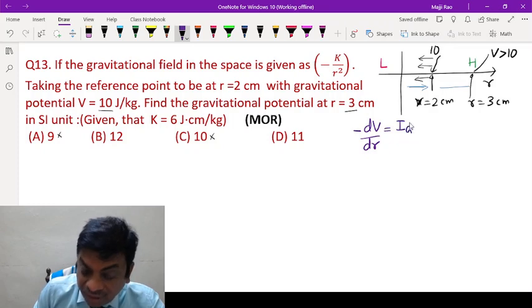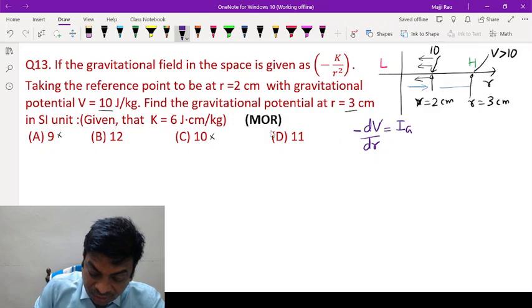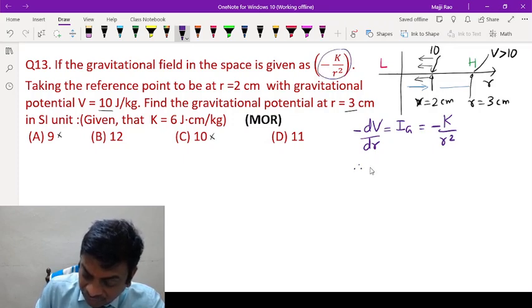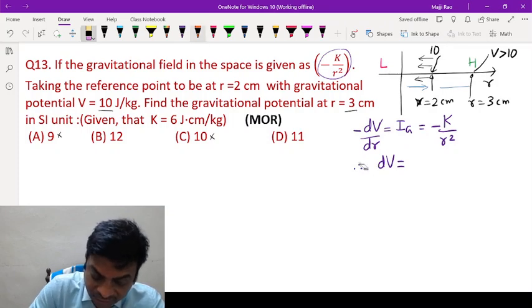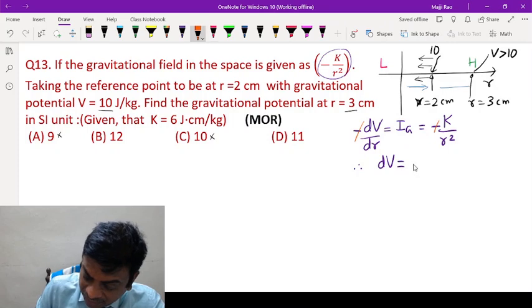It can be electric field or gravitational field depending on the situation. So we can write this as minus k by r square. This is given, no? This is given. So now this is a variable separable differential equation. Separating the variables, minus minus gets cancelled on both sides, and we have this.